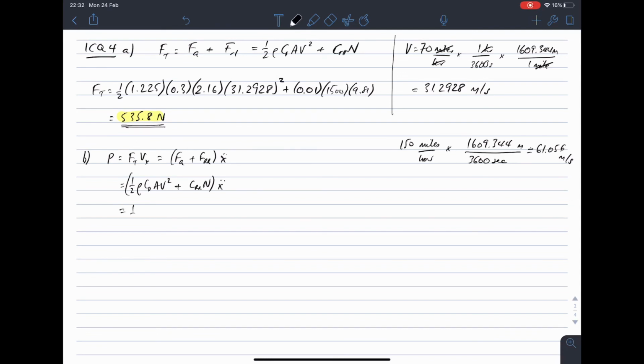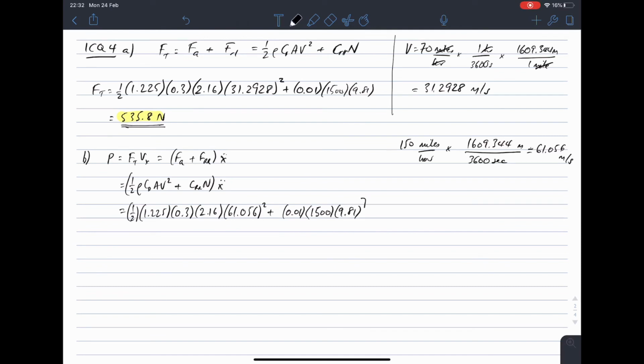So we've got 1/2 rho, which is 1.225, CD was 0.3, A was 2.16 meters squared, and V squared, so 61.056 squared, plus 0.01, which is our coefficient of rolling resistance, and the normal force, which is mg, so 1500 times by 9.81.